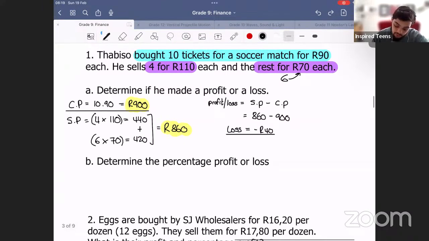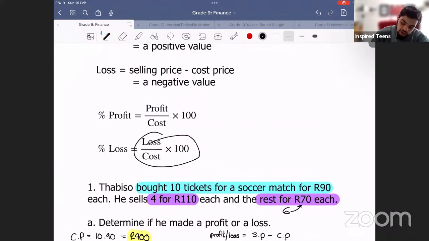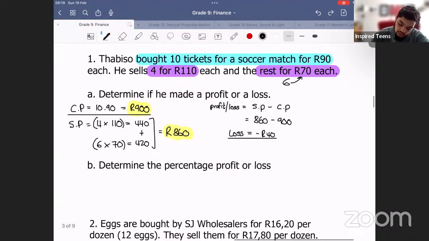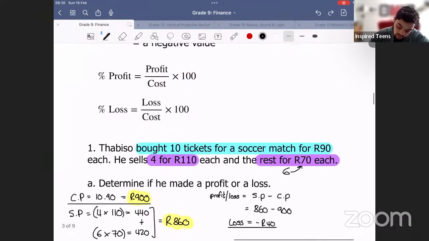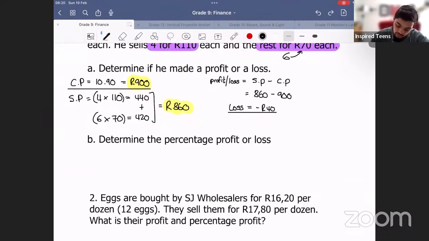Determine the percentage profit or loss. So loss over cost times 100. 40 over, what is his cost? 900 Rand, times 100.